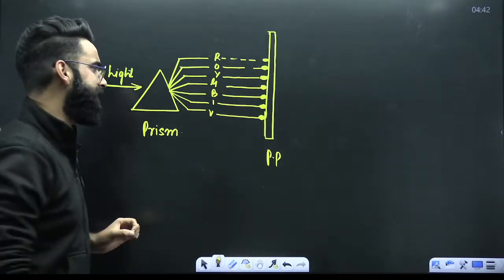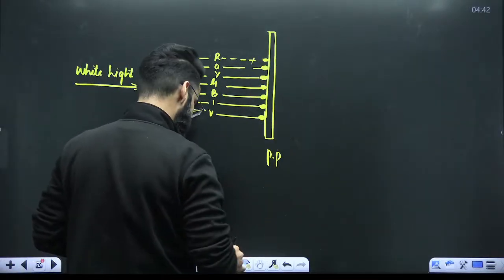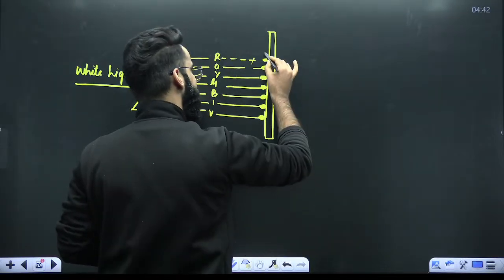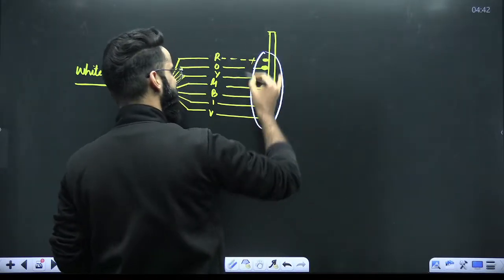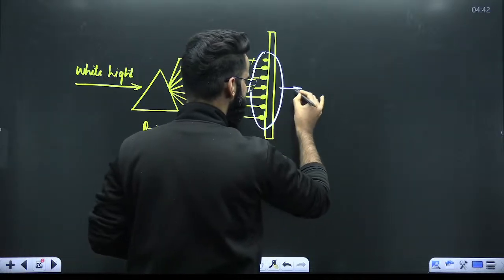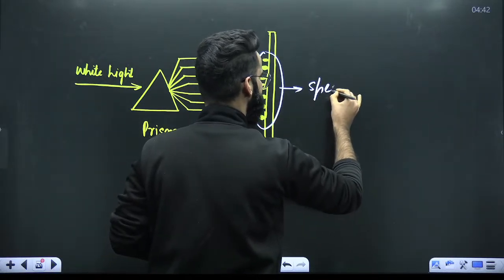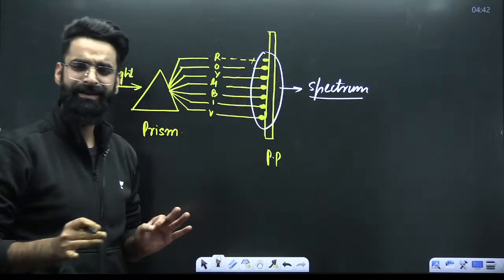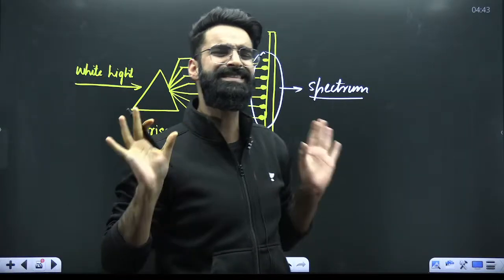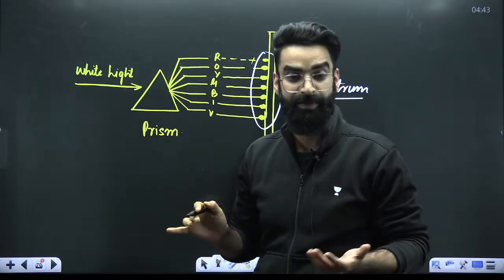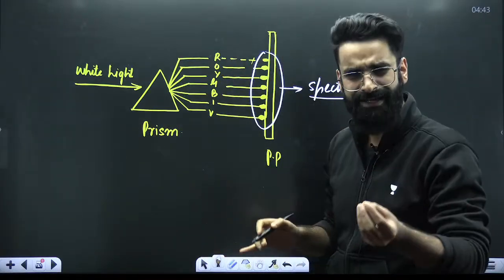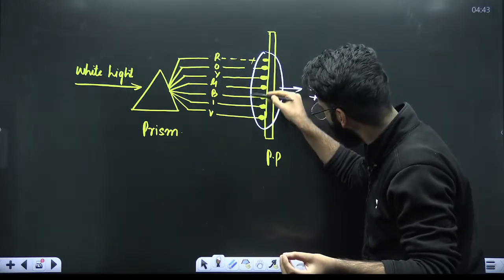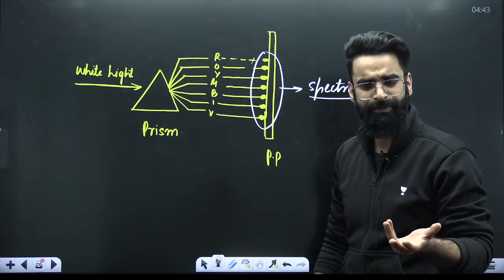And let me tell you, the collection of radiations of different wavelengths on the photographic plate, this collection is something which you call a spectrum. Or in very simple words, if I need to define spectrum, it is basically the image that is getting formed on the photographic plate.